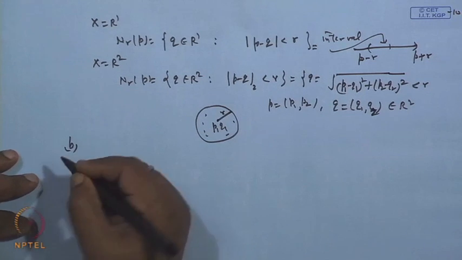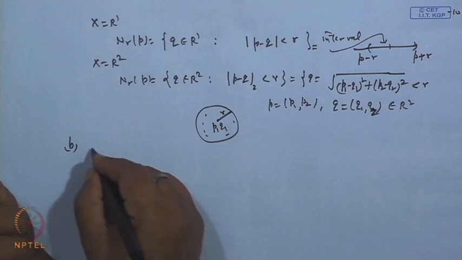Then the second definition is the limit point of a set.